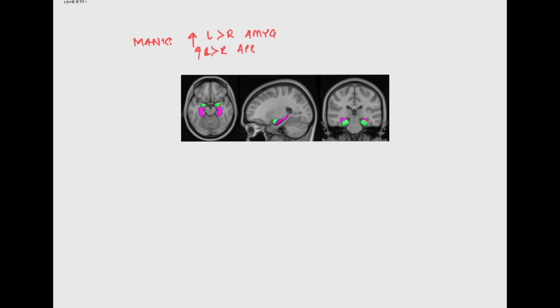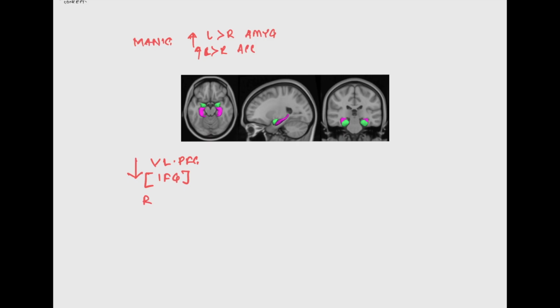Other things that are seen in patients with mania is a decrease in the activation of your ventrolateral prefrontal cortex, especially the inferior frontal gyrus, right? Just remember one thing, that the ventrolateral and the dorsolateral prefrontal cortex also play a very important role in the top-down control of emotions, all right? So top-down control of emotion basically means that these areas of the brain are responsible for modulating the function of the limbic system and thus modulating our emotions.